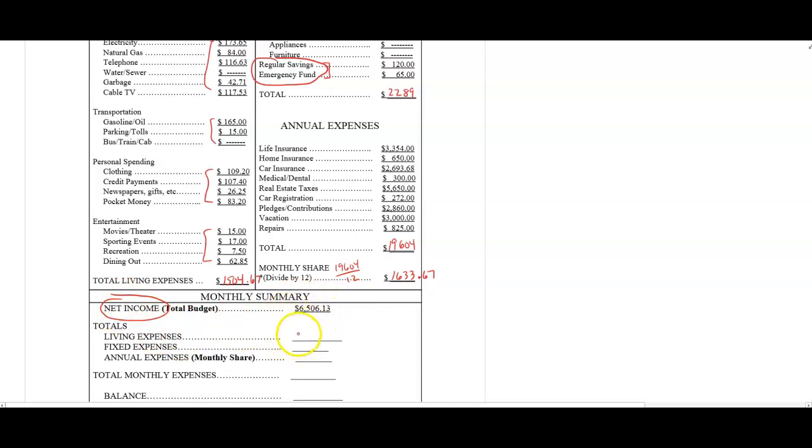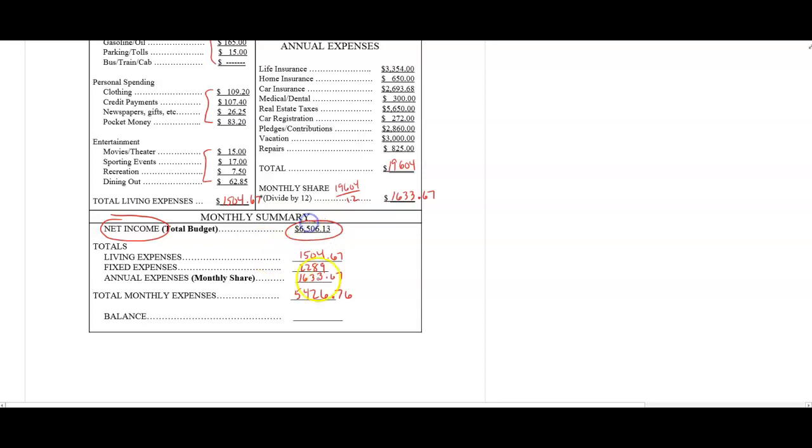When you take the living expenses of $1,504.67, you take the fixed expenses of $2,289, and then you take the annual expenses, $1,633.67, when you add those up, you get $5,426.76, which means if you subtract this from the $6,506.13, that will give you $1,079.37, which is basically extra money for you.